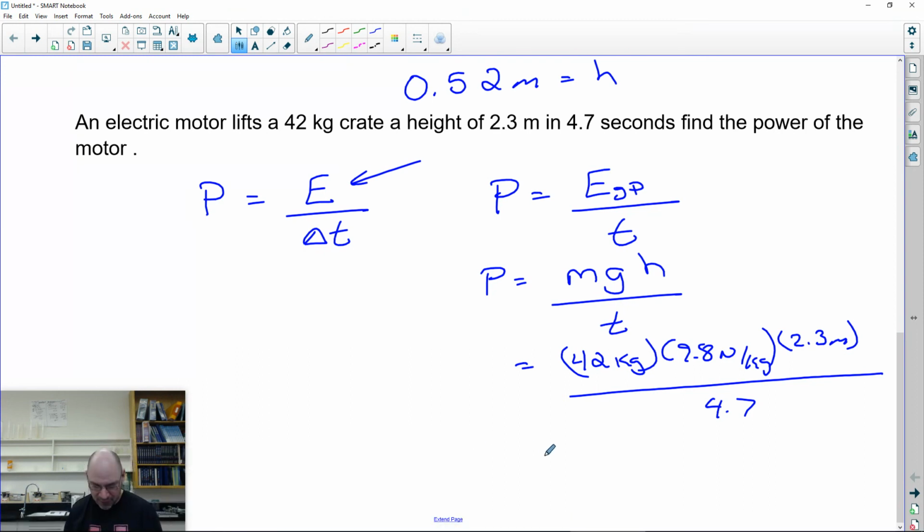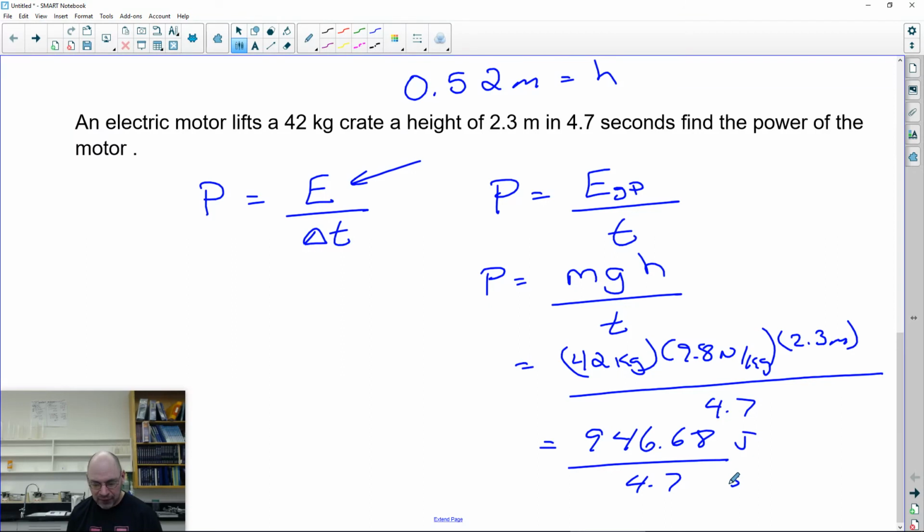So 42 times 9.8 times 2.3, I get 946.68 divided by 4.7. And this is joules over seconds, which will be watts.